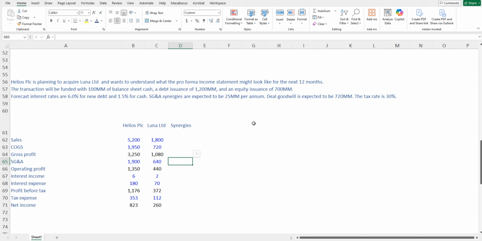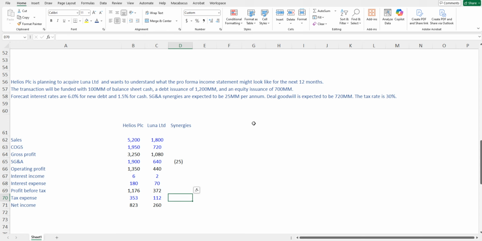So it is a negative number here, because it's a cost saving. I can type 25, but make it negative, so it's 25 million, because SG&A has been lowered. That will affect the profit, meaning you are making more money because expense is lower.